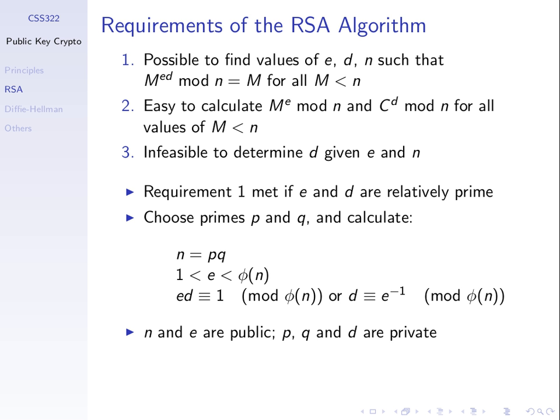Now calculate D, where D is the multiplicative inverse of E. Find D. The reason I chose E equal to 7 is because it's easy to find D, which you're going to do right now.